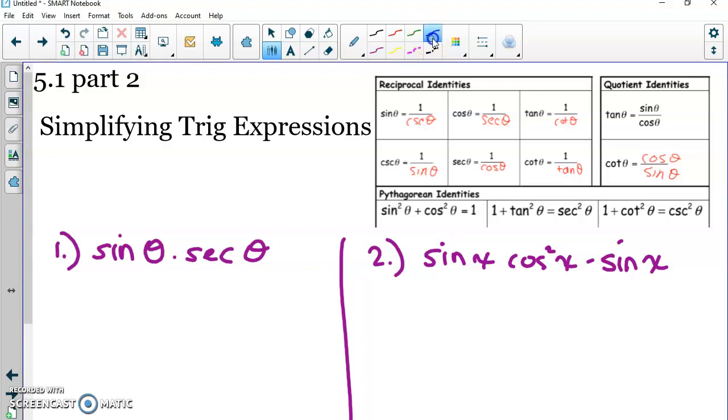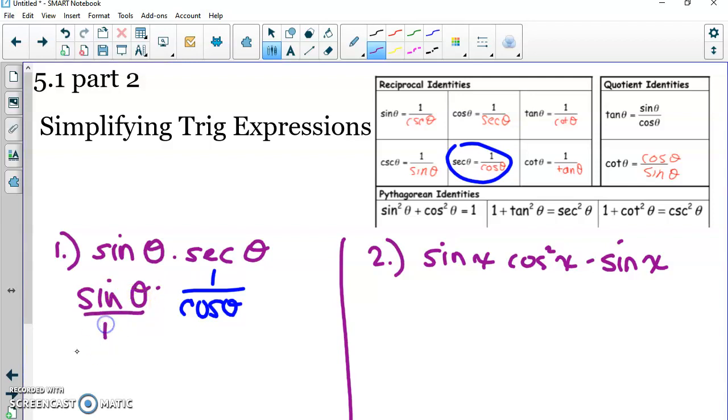Secant is the reciprocal identity to cosine. So let's rewrite secant of theta as 1 over cosine theta. So now we have sine theta times 1 over cosine theta. I'm multiplying these, sine of theta over 1 if you'd like. This multiplied out would be sine theta over cosine theta.